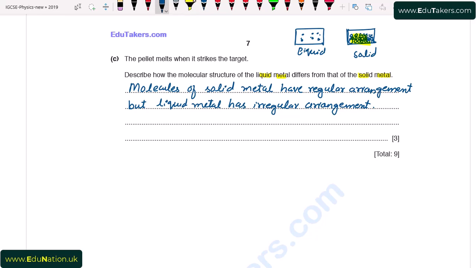So I write here molecules are closely packed in solid, but further apart in liquid.